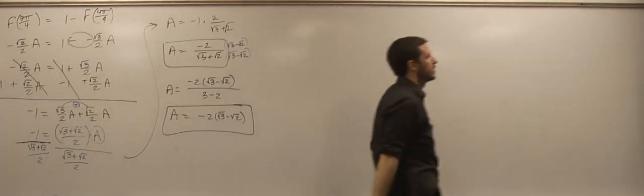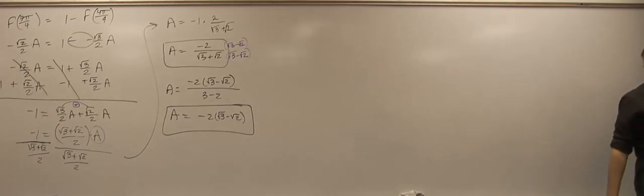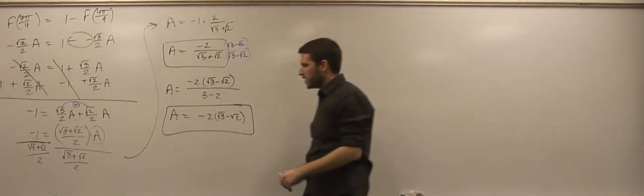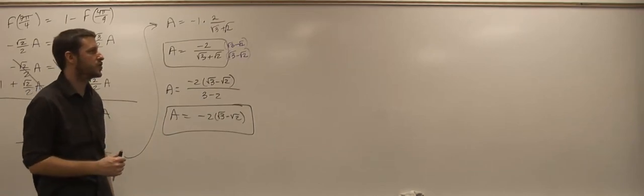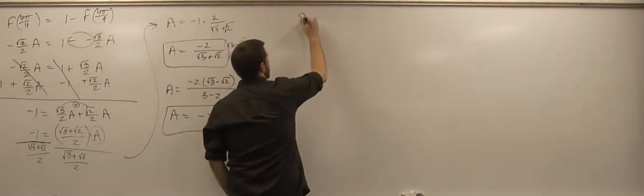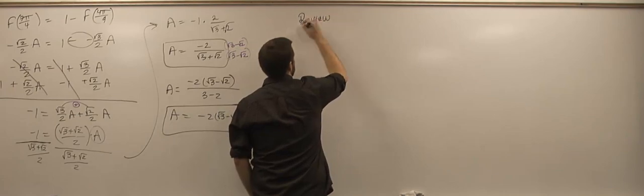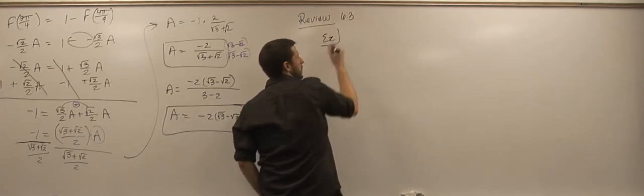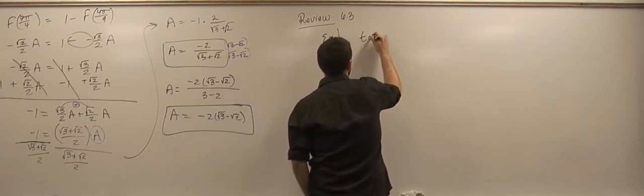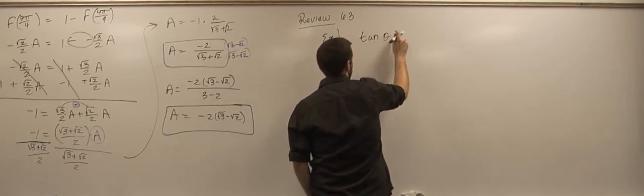Example. I give you tangent equals something, and I give you another piece of information. I want you to find the 5 remaining trig functions of theta. We did a problem like this from the homework.